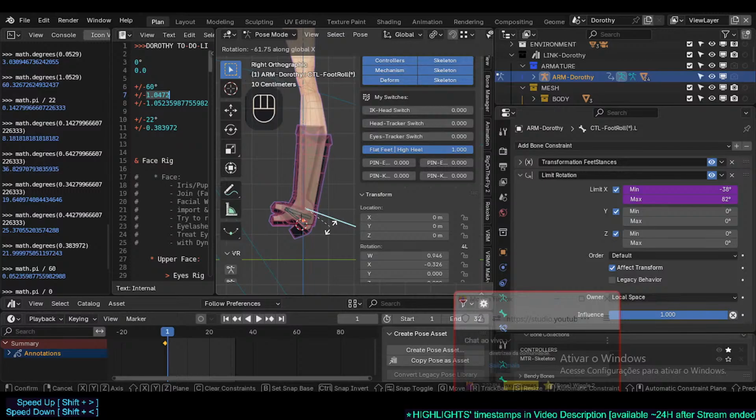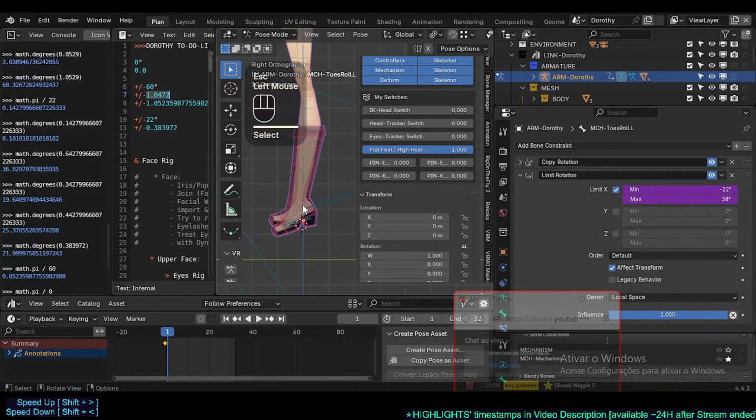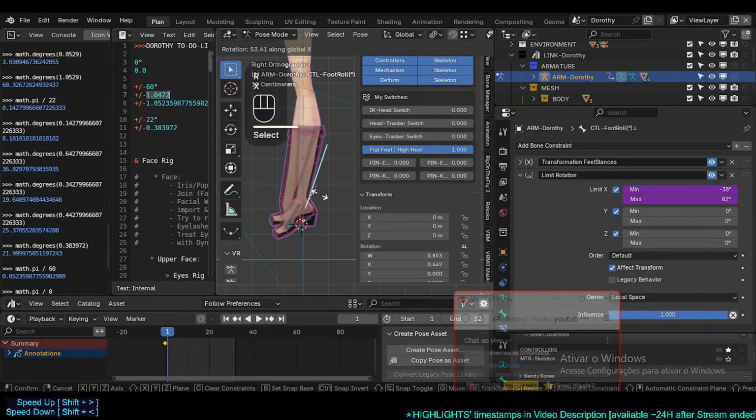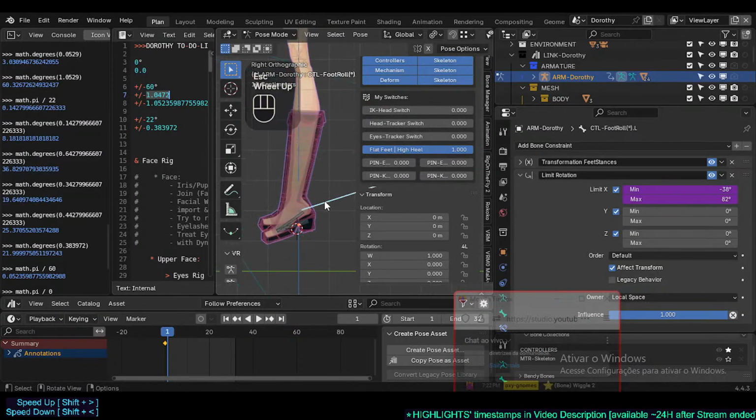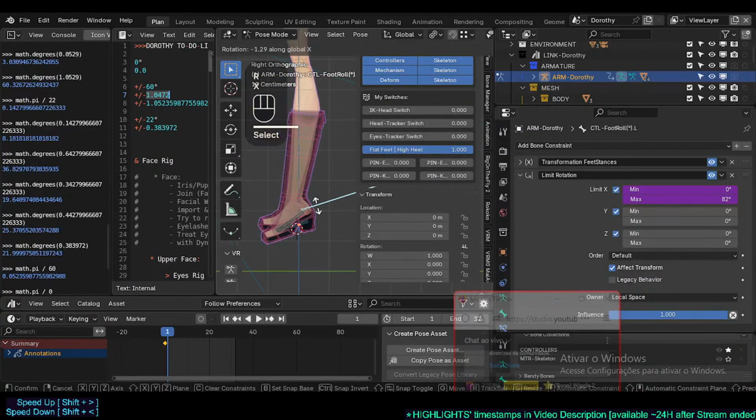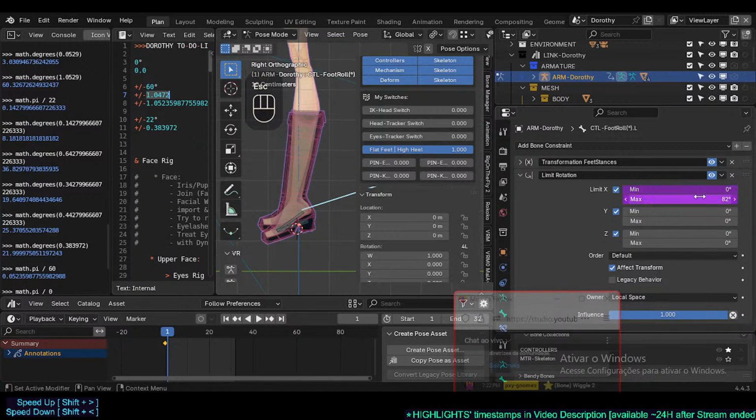Okay, and this is the heel, this is the toes, so the toes is this one, toes roll. Okay, now it's clear. So I need to augment, so the 0 maybe sustains as 0. I'm not sure, and no, then the range can change, right?